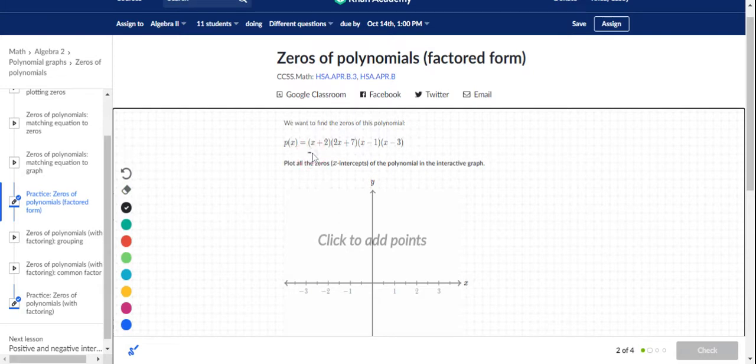If I plug in -2 plus 2, I get 0, right? And then if this thing is 0, well, what is 0 times whatever this is, times whatever this is, times whatever this is? Well, 0 times anything is 0, right?